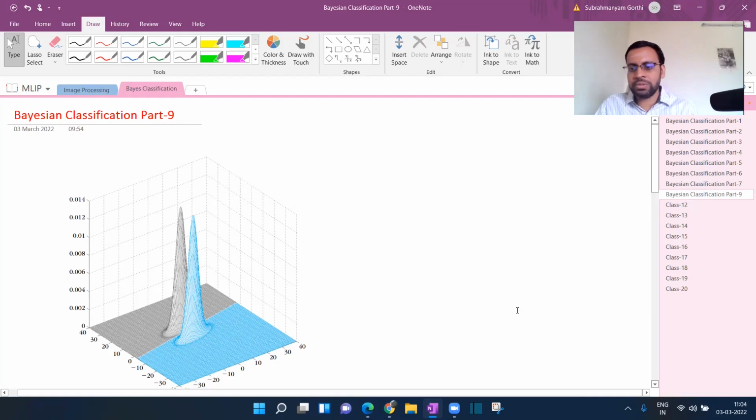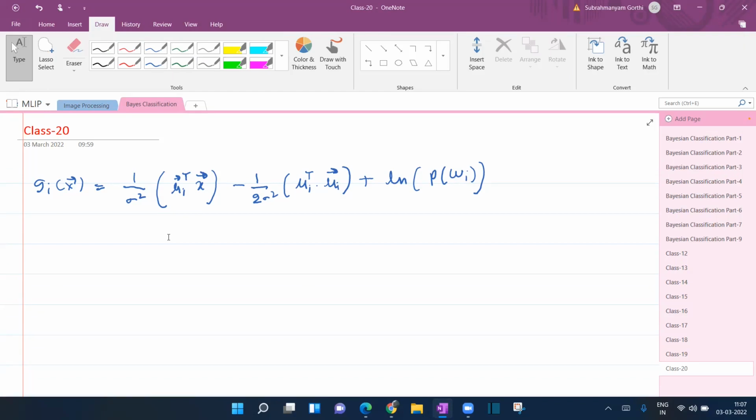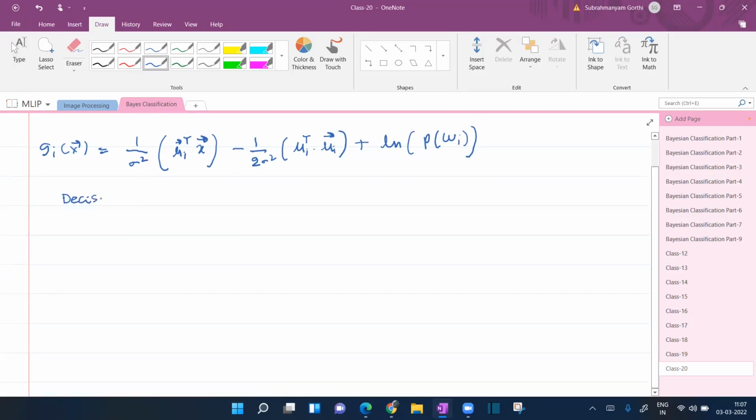This is where we stopped. Now we further continue our discussion into actually computing the decision hyperplanes. The goal is the same as what we did in the last class. We want to compute the decision hyperplanes.